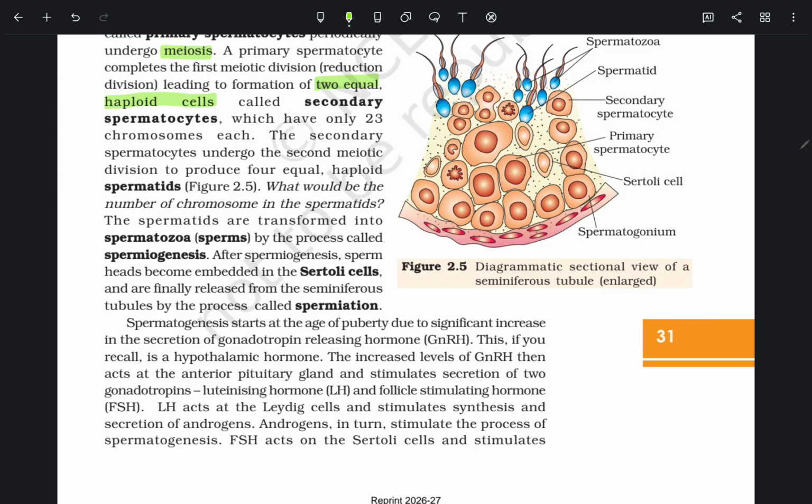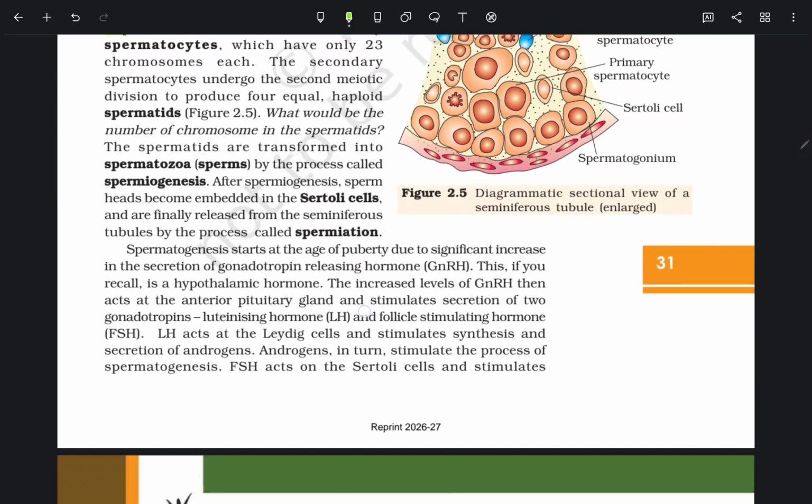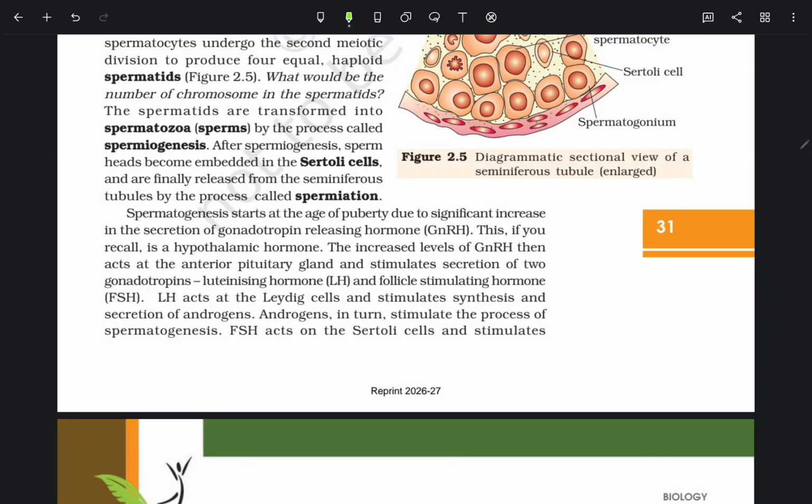The secondary spermatocytes undergo the second meiotic division, forming spermatids. The spermatids are transformed into spermatozoa (sperms) by the process called spermiogenesis.